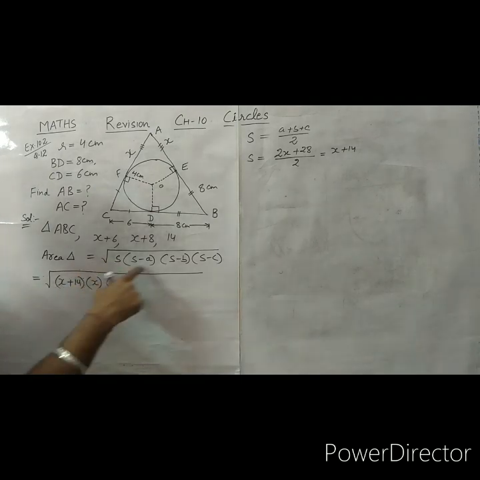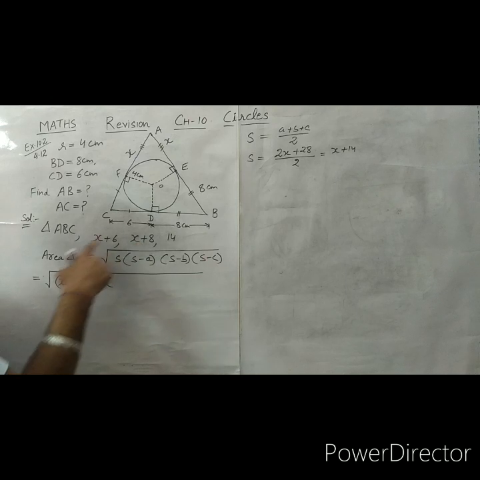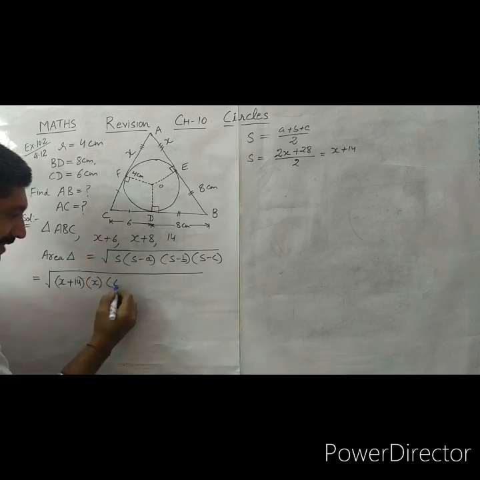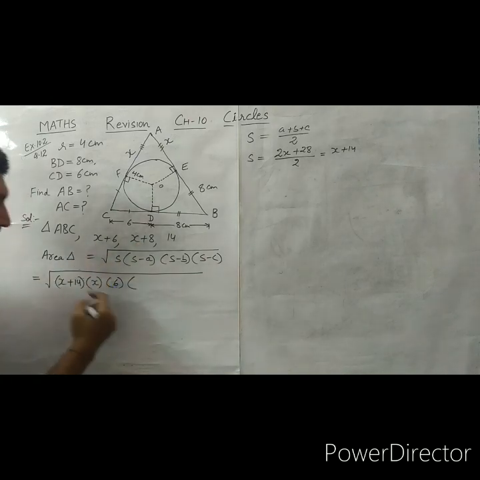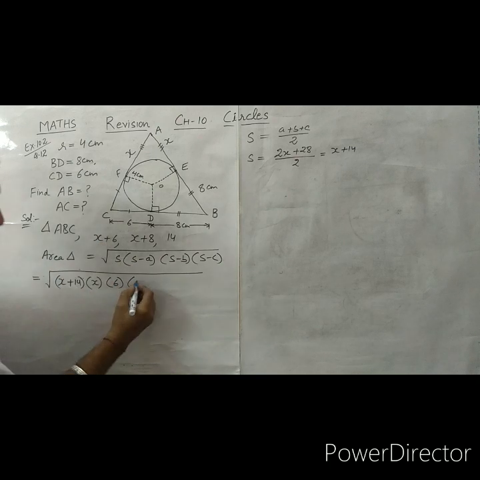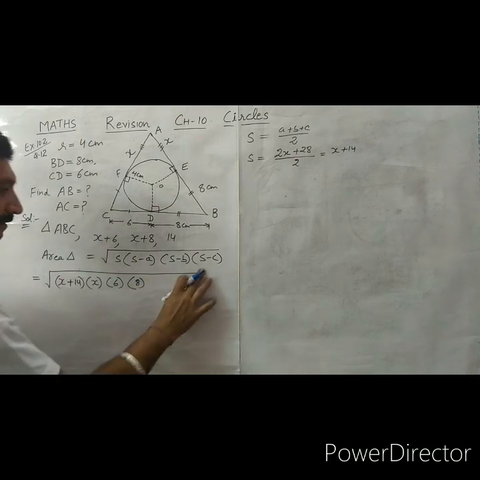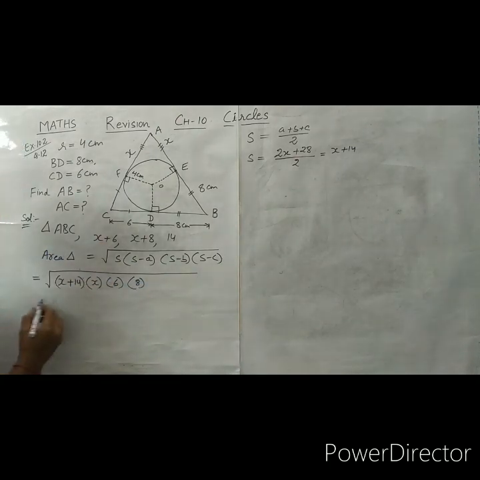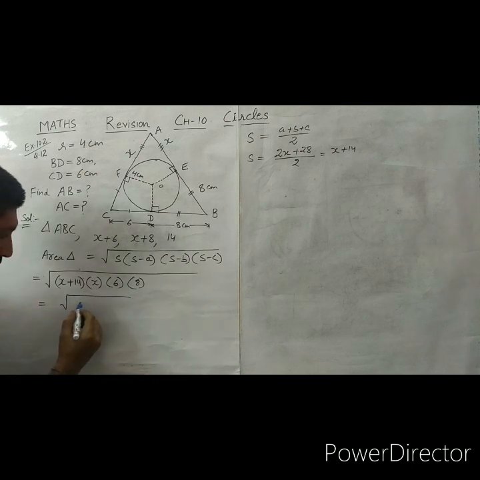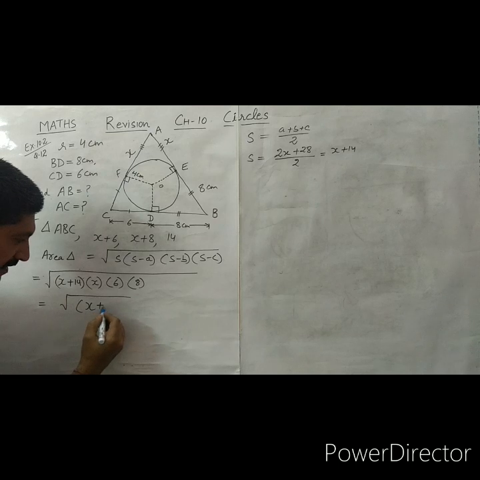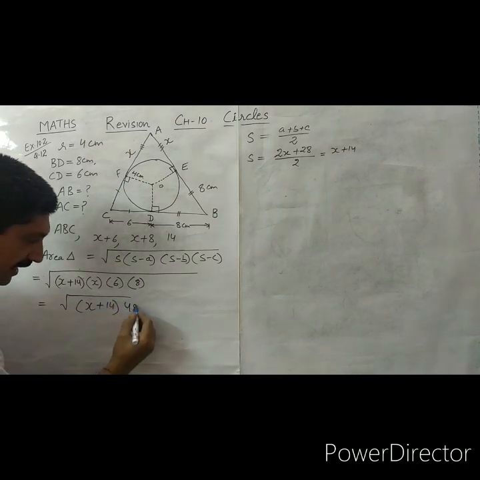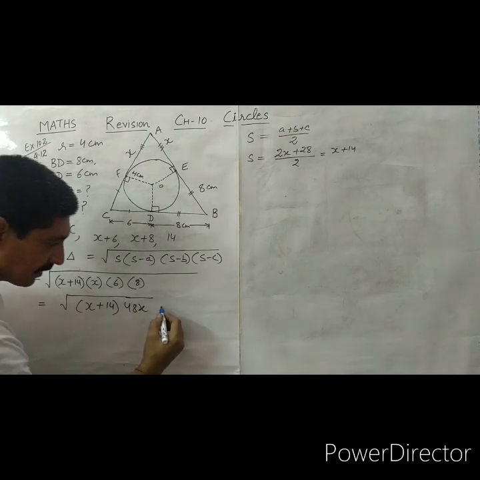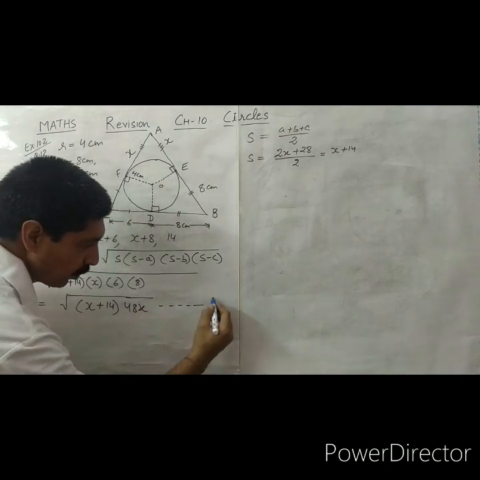Then S minus B, where x and x cancel, is 6, and the other is 8. So the area of the triangle is the square root of (x plus 14) into 48x. This is equation number 1.